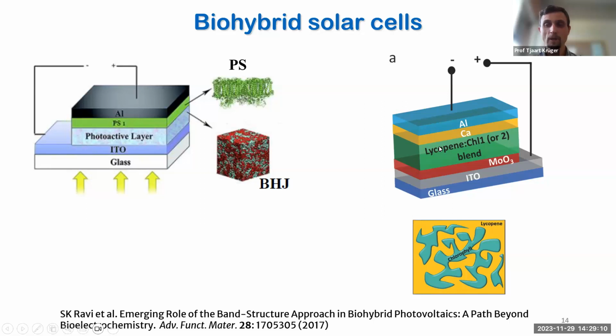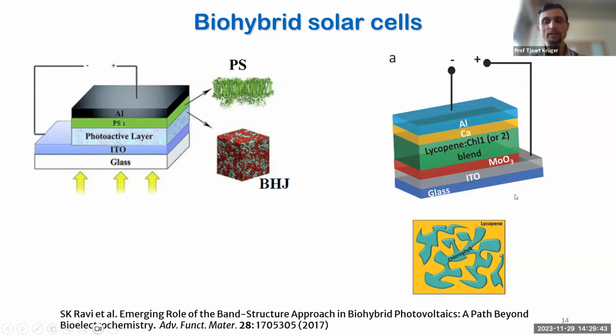And these pigments were then blended in a form that's typical for organic solar cells. So you have these different phases or domains that form. In this case, the lycopene serves as the electron donor, and chlorophyll is the electron acceptor. Calcium here is the anodic interlayer, with aluminium being the anode, and molybdenum trioxide is the cathodic interlayer. And yeah, ITO is a cathode in this case.